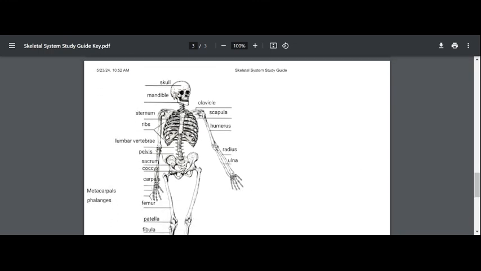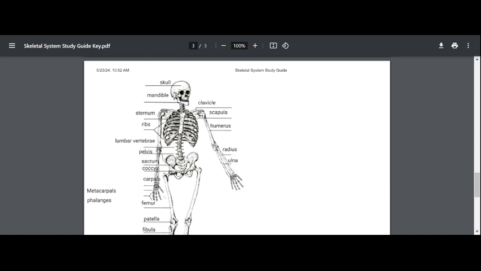The wrist bones are known as the carpals, and then we have the metacarpals in the middle, and then the fingertips are the phalanges. Okay.